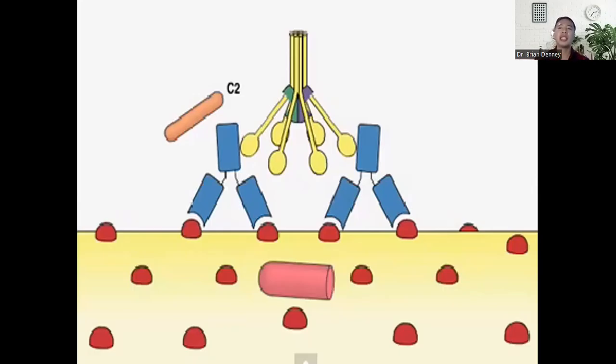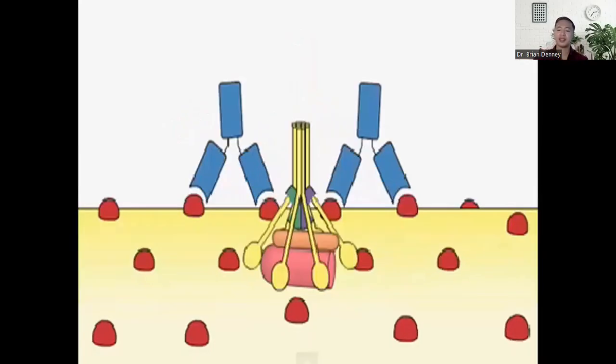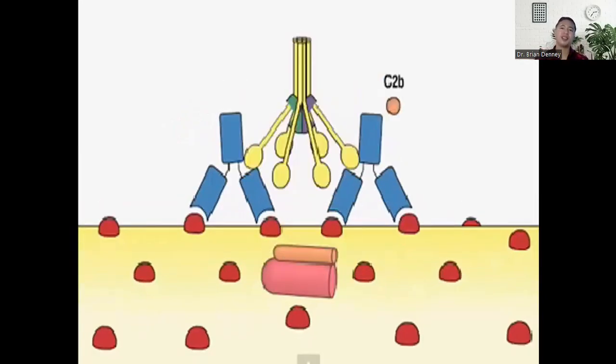And so C2 now becomes activated and is cleaved by your C4B into how many fragments? Correct. 2 fragments. Say cleaved. Cleaved. Okay. So it produces now C2A and C2B. Binding of your C2 fragment to C4B happens only in the presence of what ions?